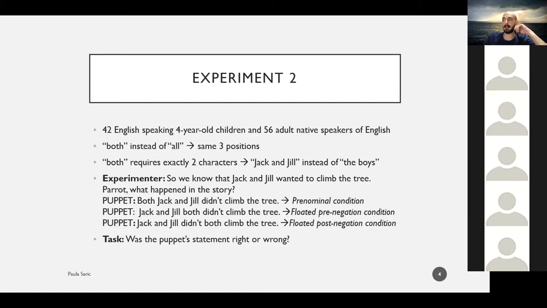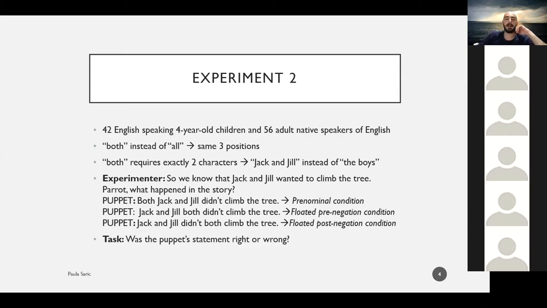So what they find is that, again, children and adults behave the same, but both and all behave differently. Because in the first experiment, when all occurred after negation, it yielded a different interpretation, whereas here it doesn't really matter. They got a little bit fewer no responses, right? But still more than half.